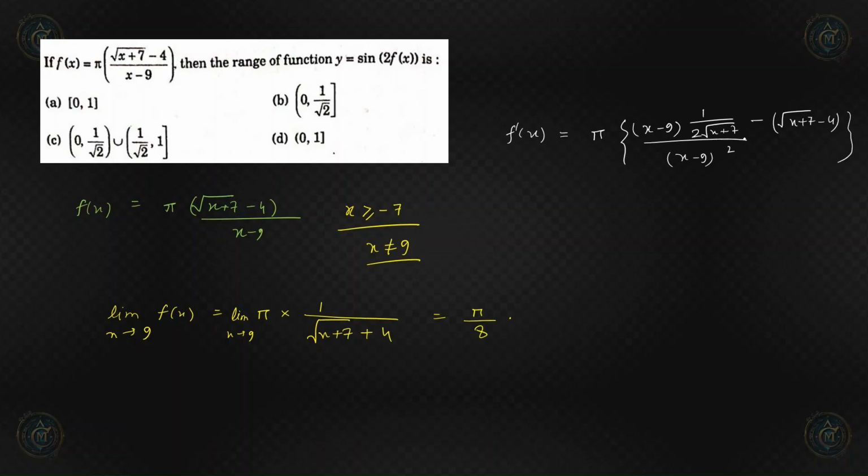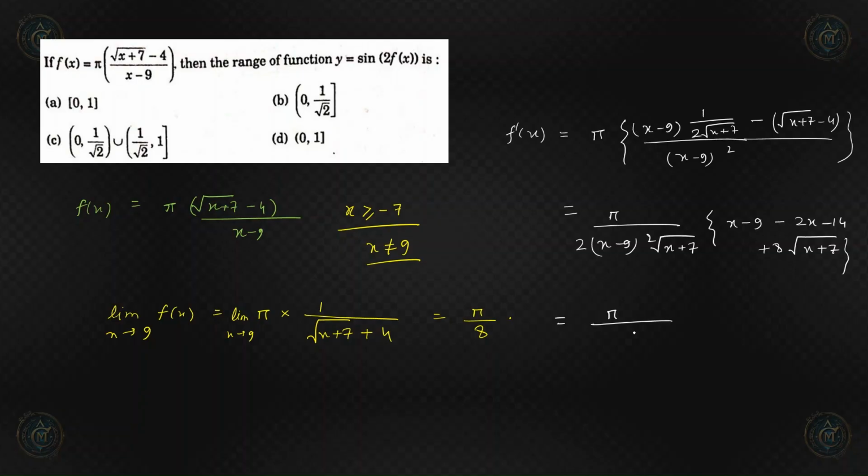If we simplify, this becomes (x minus 9) whole square, then under root x plus 7, and inside this bracket we can take 2 outside. So this becomes x minus 9 minus 2 times (x plus 7), that is 2x plus 14, so minus 2x minus 14. This becomes plus 8 times square root of x plus 7.